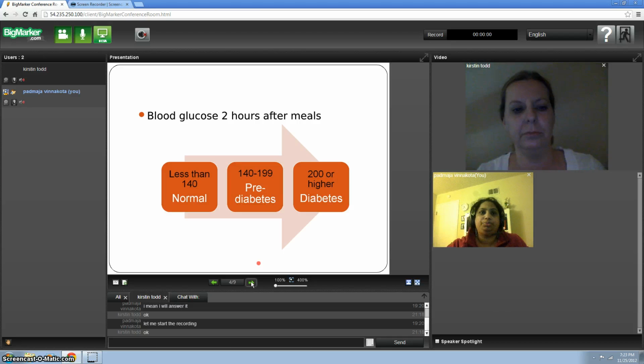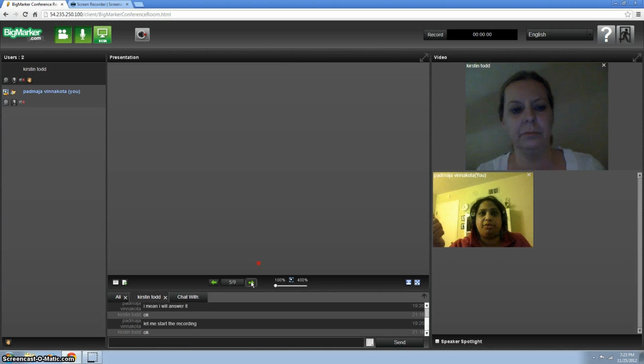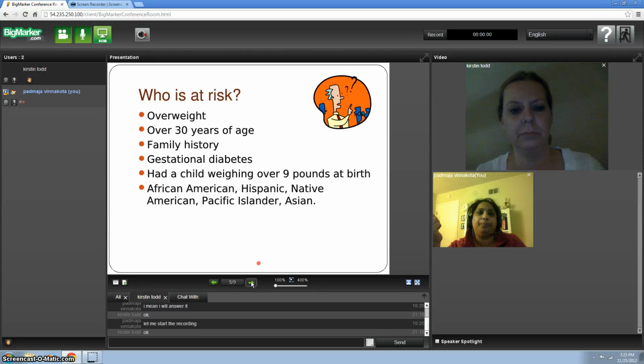The other factors that put a person at high risk for diabetes are being overweight, being above 30 years of age, a family history, a woman who has had gestational diabetes, or someone who has given birth to a child who is 9 pounds or more.